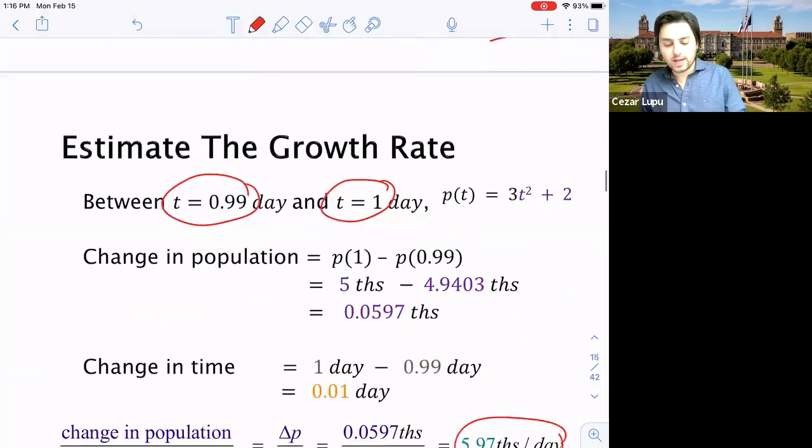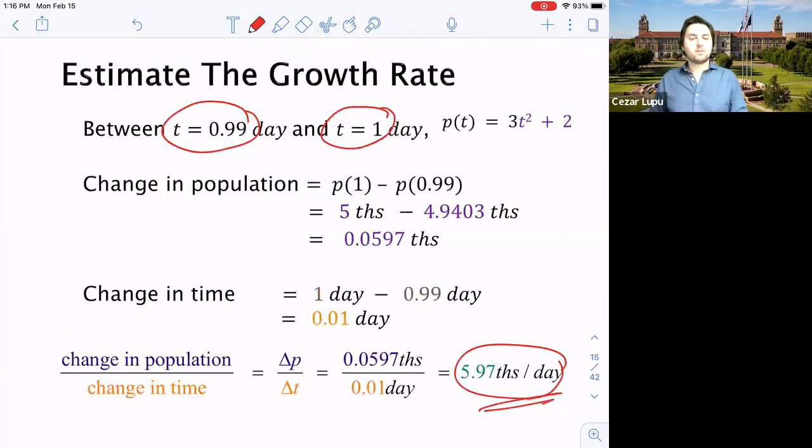Well, you see that the second one is more accurate. But I have a question now. If I go even a bit further, and consider between t equals 0.999, now I add another 9, and t equals 1, what do you think the ratio between change in population and change in time will be?